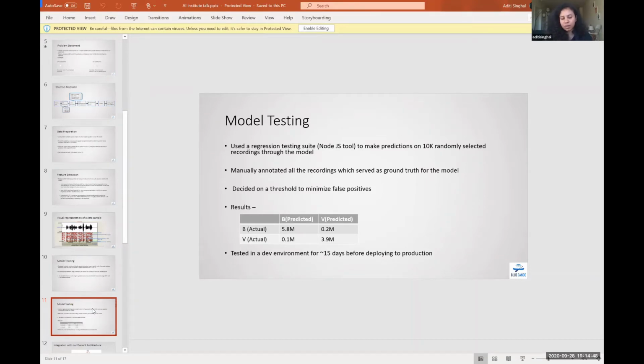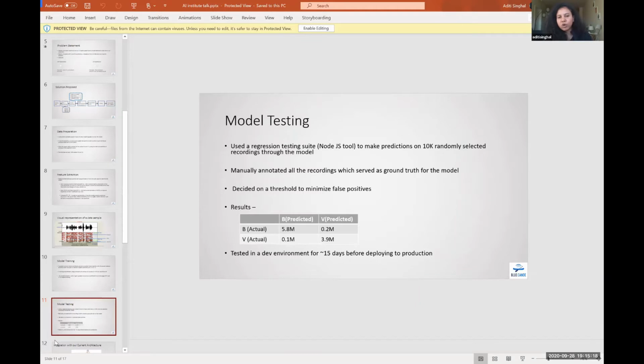We had about 10,000 recordings in our database, and we had to listen to each of those recordings to get a true label for them, because we don't really know whether the non-native speaker has spoken a B or V. I did this myself. I listened to about 2,000 recordings per day, every day, and labeled them so that I could get a true measure of my model accuracy on the non-native data set.